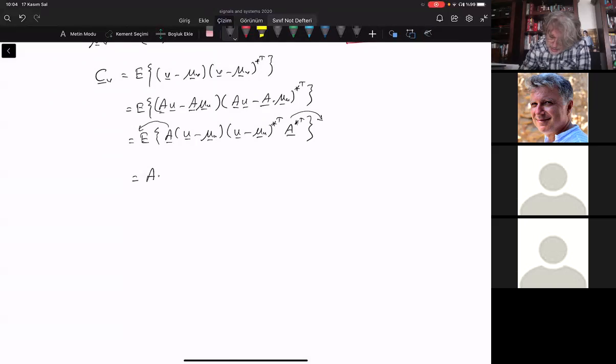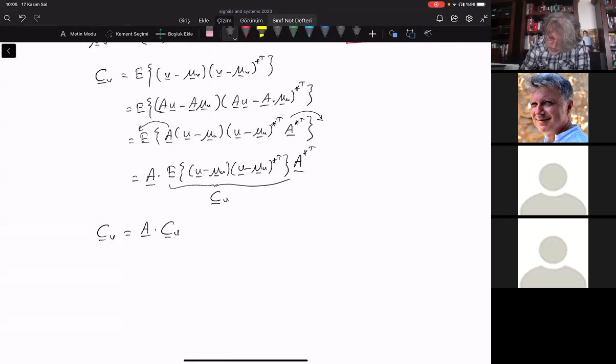And that is A times expected value U minus mu U times U minus mu U conjugate transpose, and at the right-hand side, I have A conjugate transpose. And I know that this thing that I have in the middle is CU. So the answer is CV is equal to A times CU times A conjugate transpose.